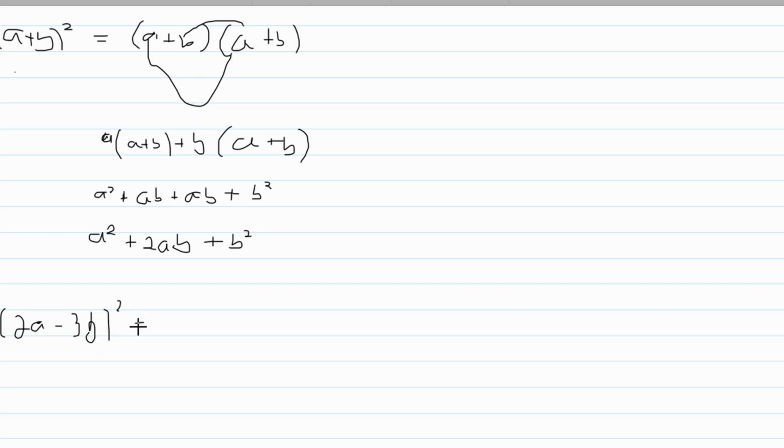So this is the same thing as we did to the first question. This one is like 2a minus 3b multiplying the same 2a minus 3b. So I can write this as bracket open 2a minus 3b, and then I open another bracket and repeat the same thing, 2a minus 3b. I'll close the brackets.